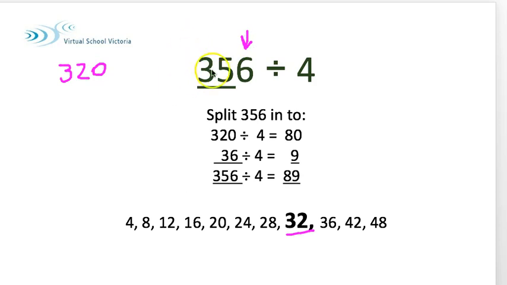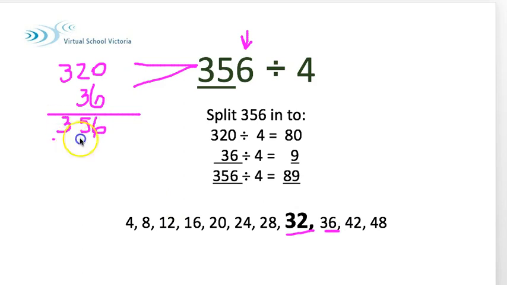And if I were to take 320 out of that group, I would be left with 36. So I've actually split that into 4 times table groups. And it's still exactly the same number, but it is split.